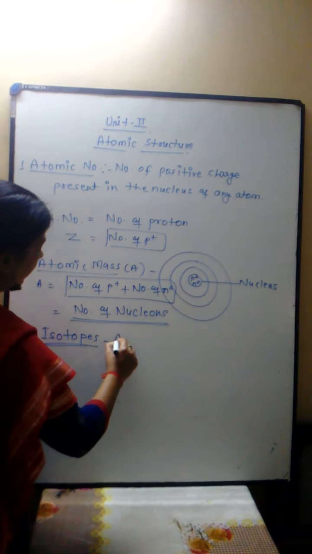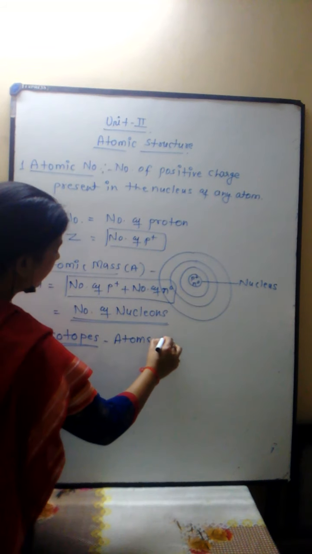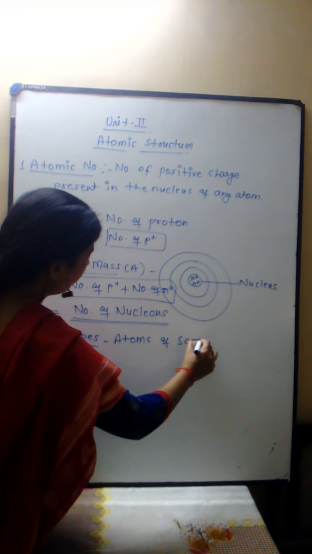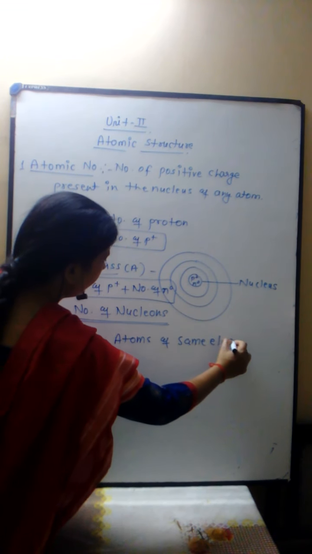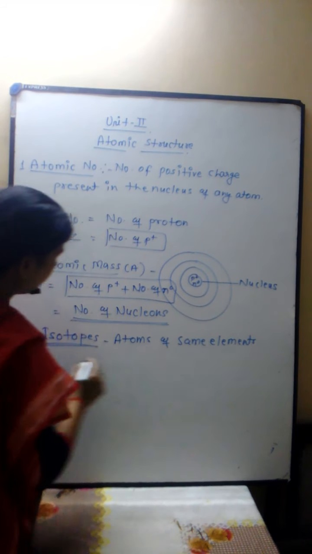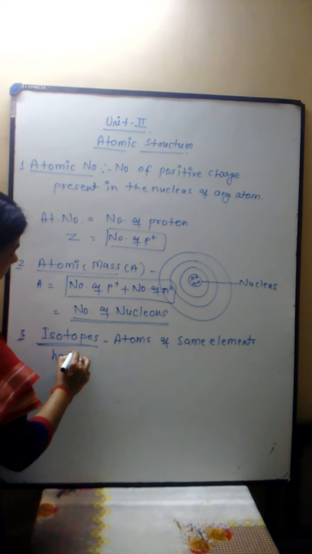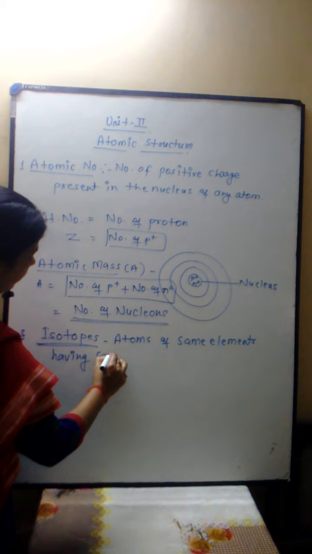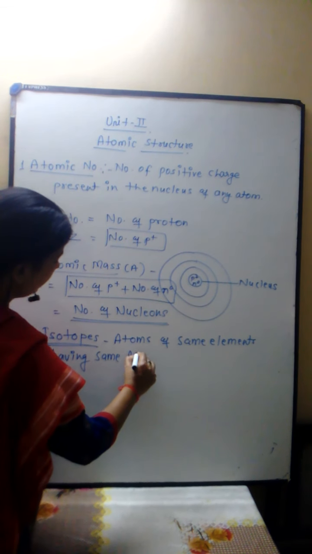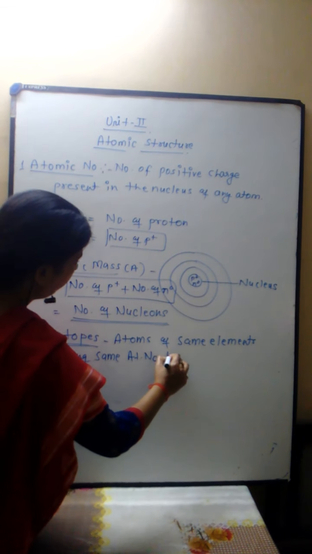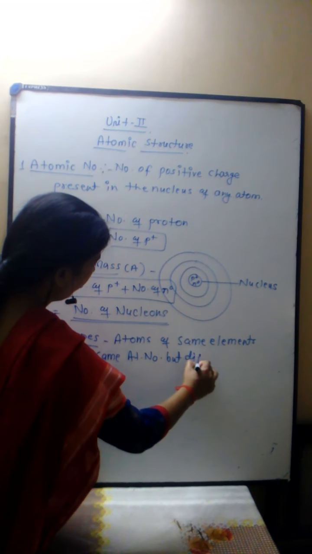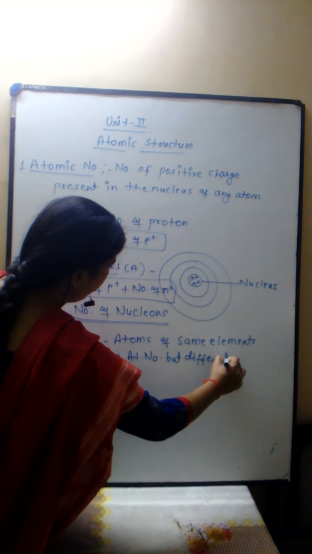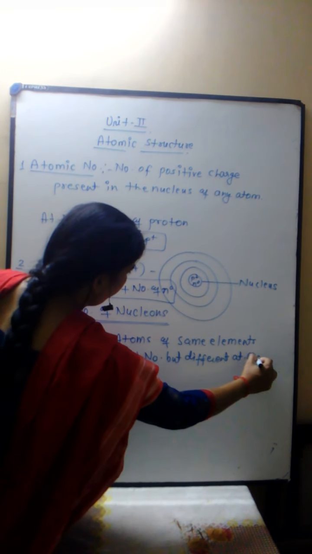Isotopes are the atoms of the same element having the same atomic number but different atomic mass.